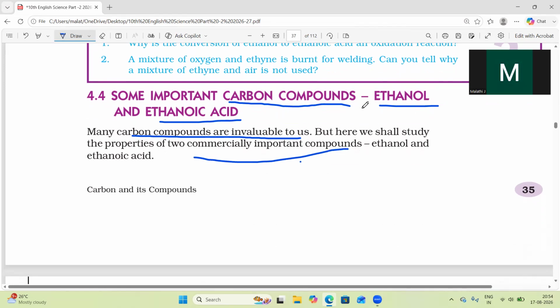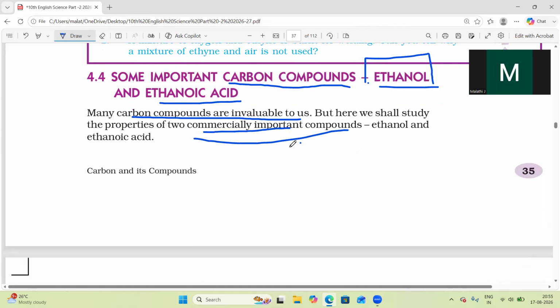These two are commonly used in nature. There are many organic compounds present, but here the important ones we will see are ethanol and ethanoic acid.